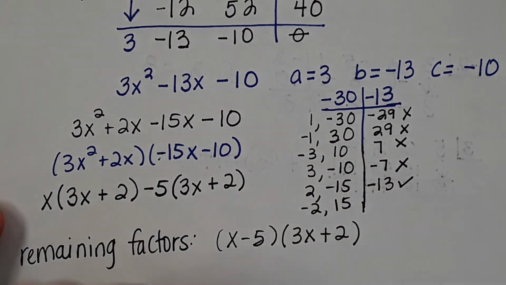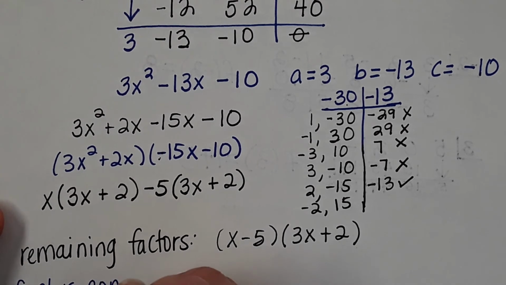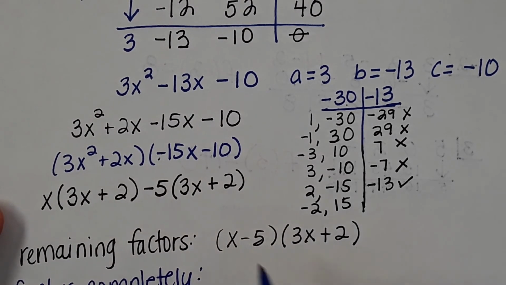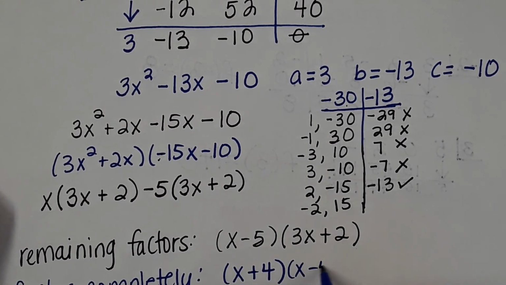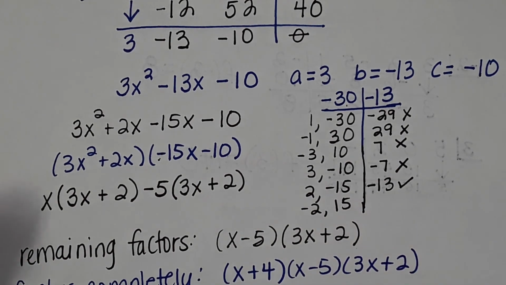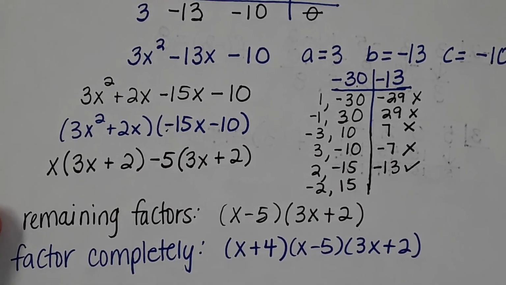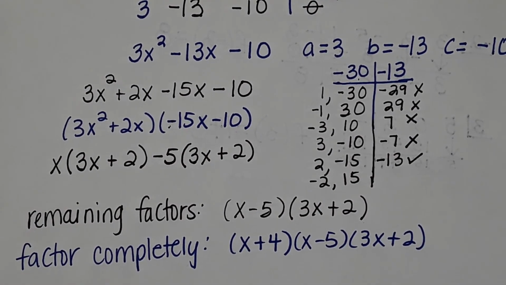And then if I said factor completely, it would be x plus 4, x minus 5, and 3x plus 2. Again, I got the x plus 4 from the original problem, and then the 2 that we found. You guys remember that you can always FOIL this as well, multiply it all out to see if your answer is correct.